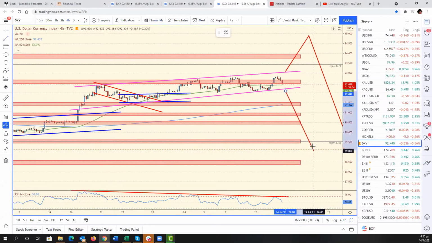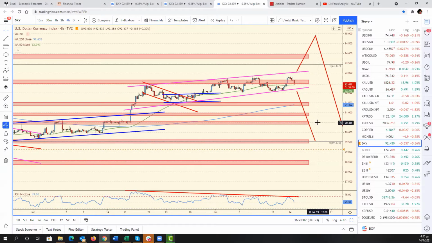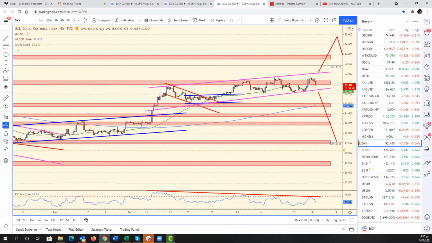So I'm really torn between putting it to range or bullish with extreme skepticism about using that. I'm going to leave it to range for now, with resistance being at 92.85 and support being at 92.